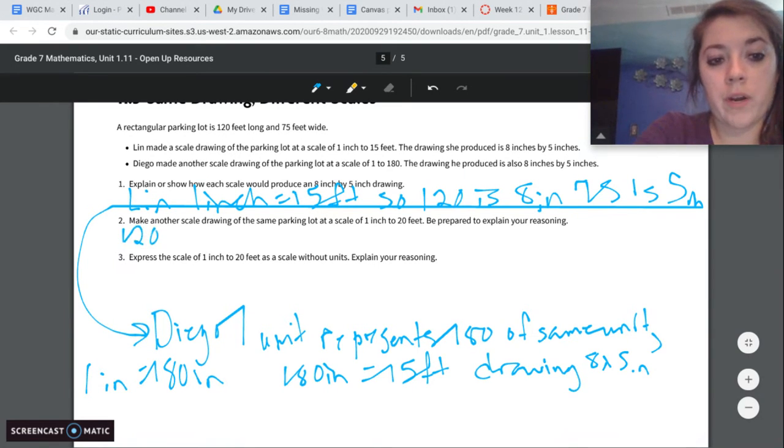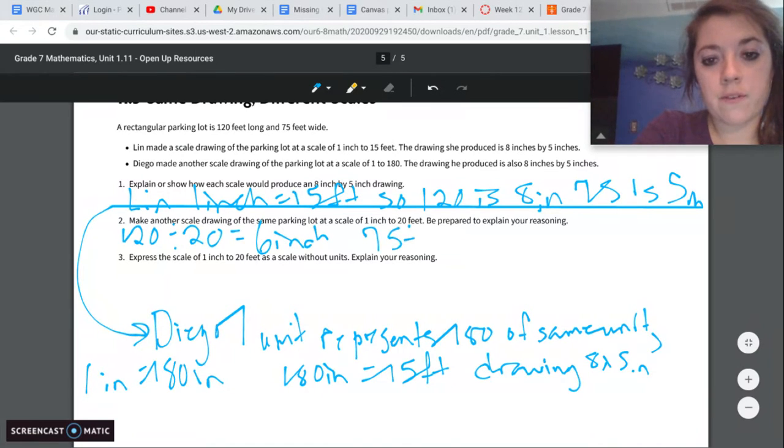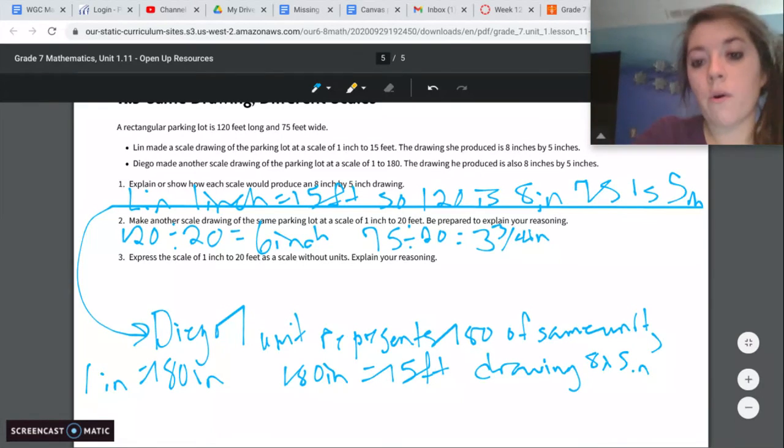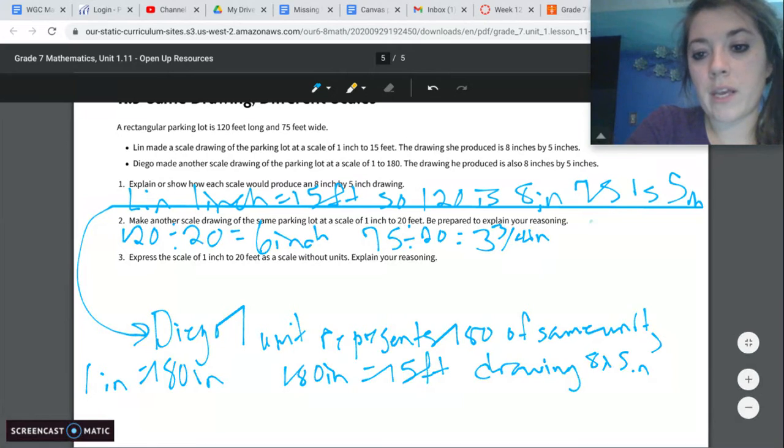So 120 divided by 20 gives us 6 inches. And 75 divided by 20 gives us 3 3/4 inches. So our rectangle would have to be 6 by 3 3/4 inches.